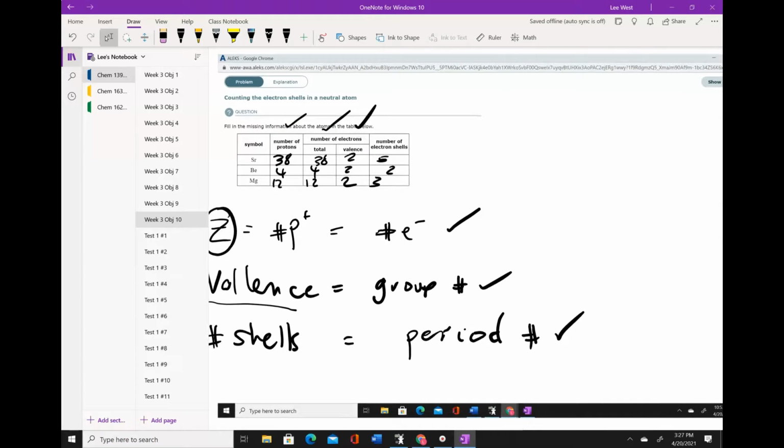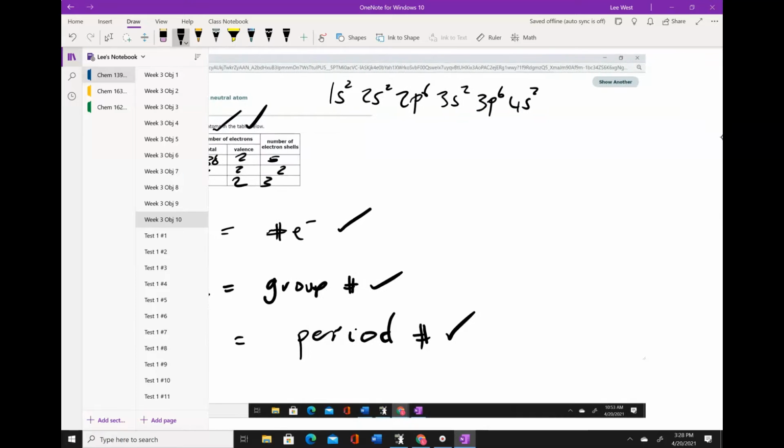So for strontium, we want to write out the electron configuration that has 38 electrons. So it would go like this: 1s2, 2s2, 2p6, 3s2, 3p6, 4s2, 3d10, 4p6, 5s2.